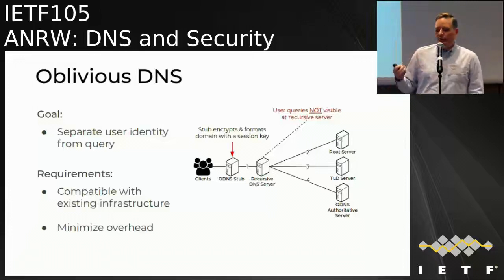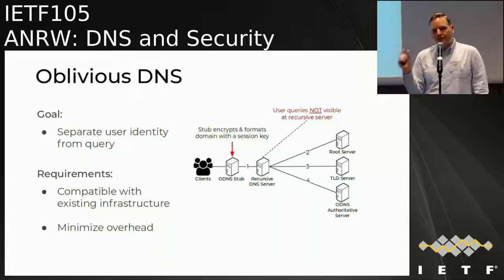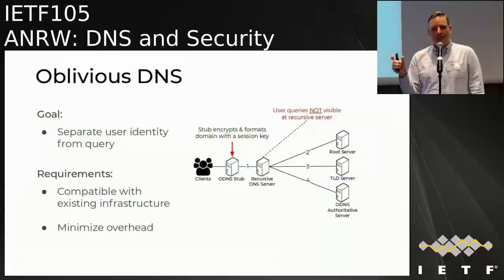So what we did was we made a couple changes. The first was we modified the stub. Stubs normally operate as lightweight processes on your OS. They take care of DNS resolution for the applications on your machine. And what we did was we use AES symmetric keys that we generate on the fly, and we encrypt your query to a ciphertext.